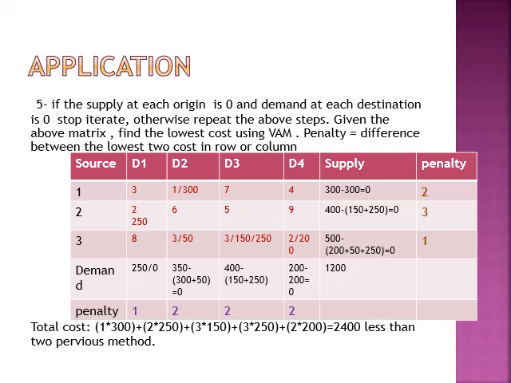The lowest cost in this row is 2. 2 is the common cell between D1 and source 2.